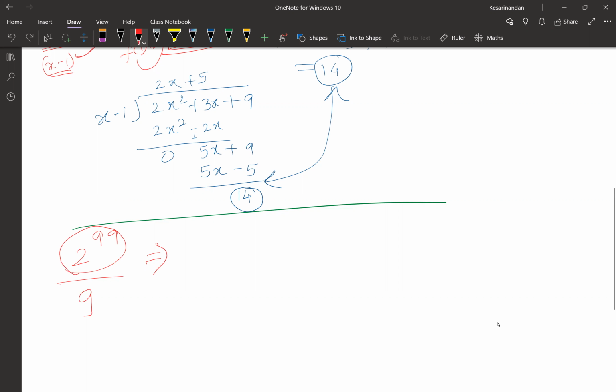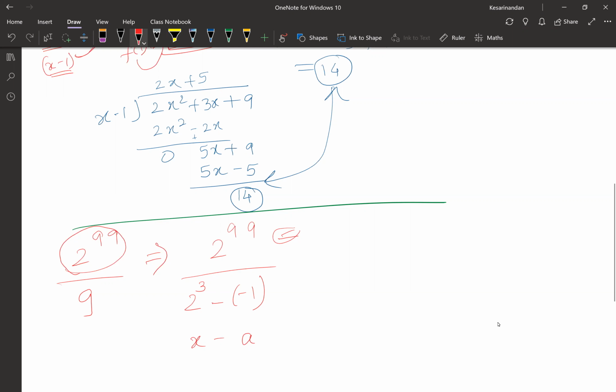So what I will do is I will keep it as it is and change this. Can I do this, guys? Yes. Okay. Now by remainder theorem, this is the polynomial. This is x minus a.